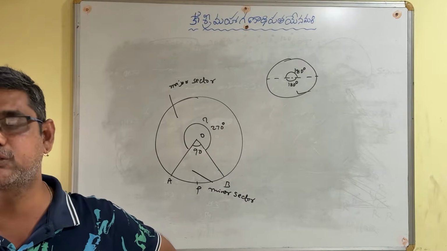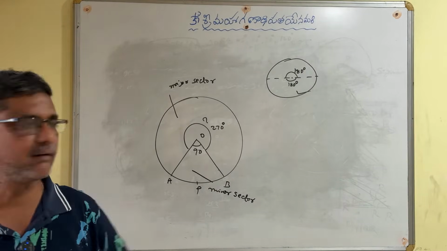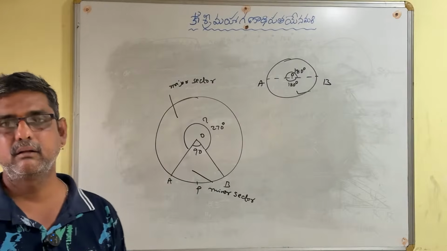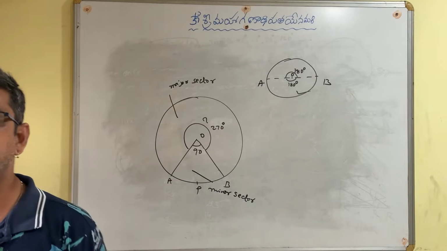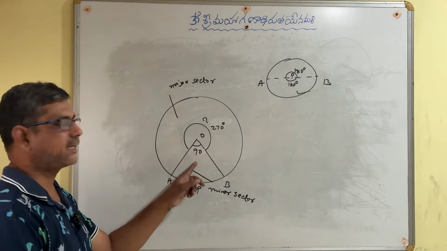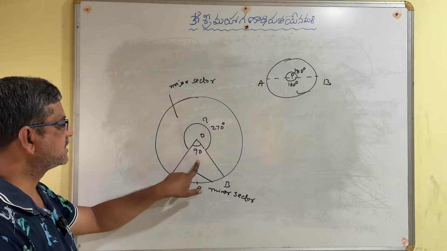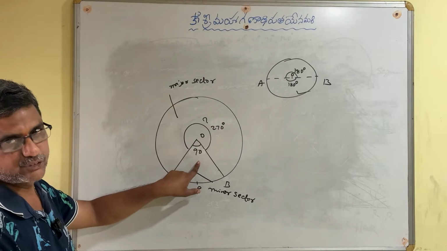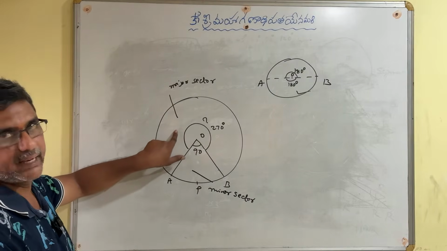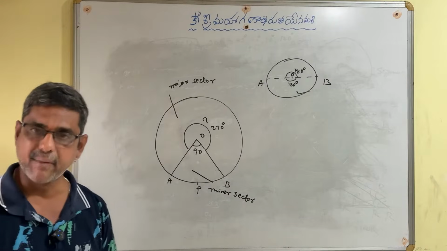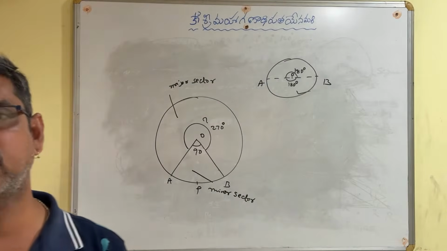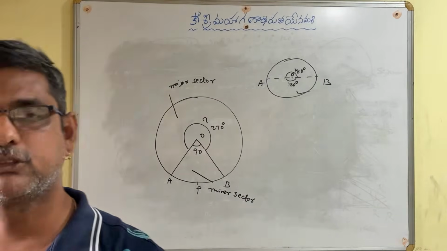There we observe two equal sectors. If the sector angle is below 180 degrees, it is called a minor sector, and if above 180 degrees, a major sector.